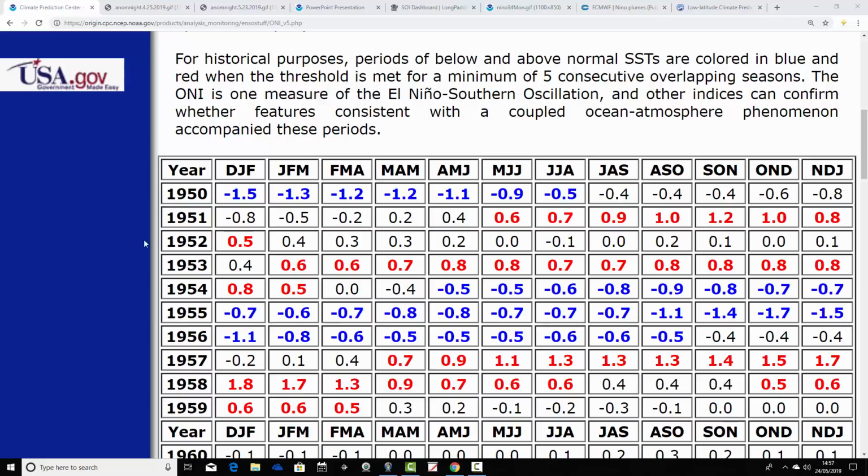For example, in 1950 we have a La Nina, a cold event, taking place through the early and middle part of the year. We have these negative blue numbers telling us we have a cold event.